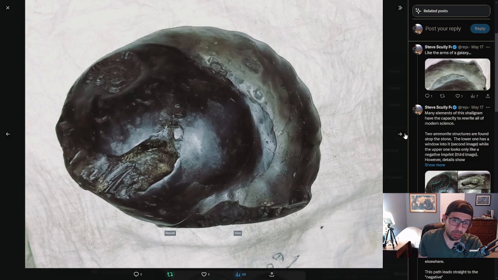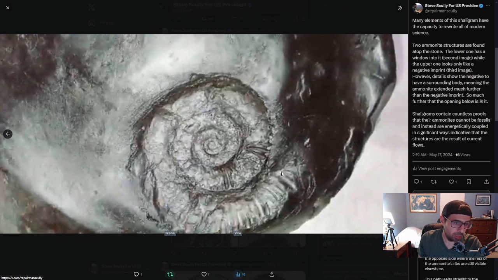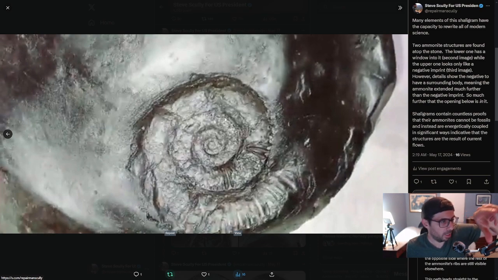So if we go over to this image, this here, it's just an ammonite. If you could put an ammonite right in this space exactly, to here, that was generally what was happening, an imprint of an ammonite.